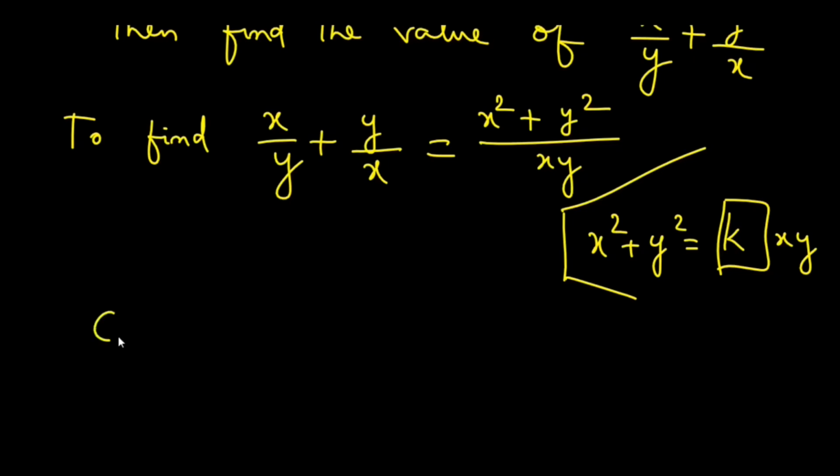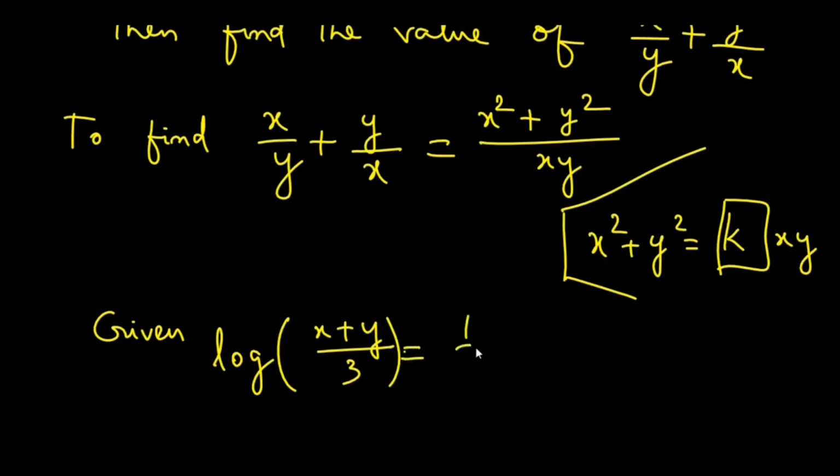Now given one is log of (x plus y) by 3 is equal to 1 by 2 into (log x plus log y).